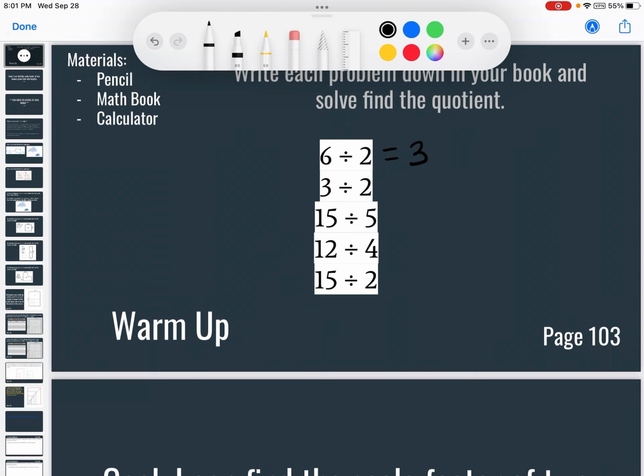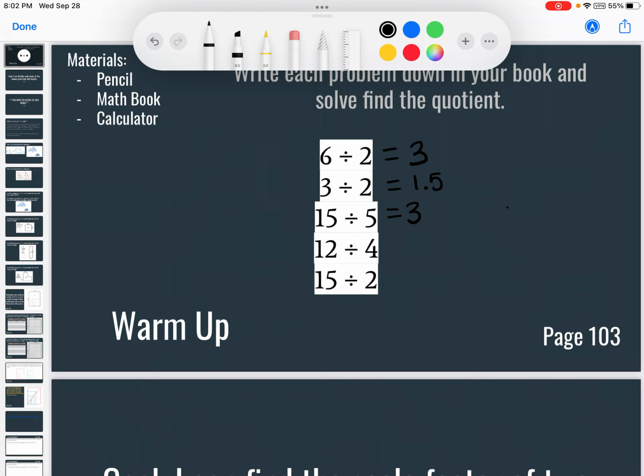The next one is 3 divided by 2. That one might be a little more challenging to do without a calculator, but still hopefully we were able to do it if we really needed to. And 3 divided by 2 is 1.5. The next one is 15 divided by 5, which is 3.